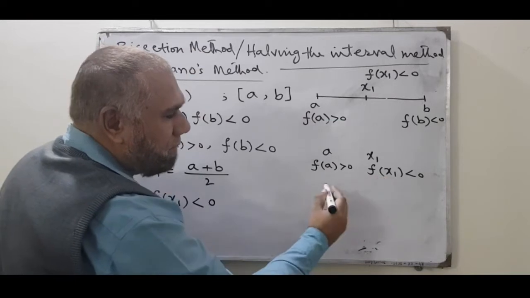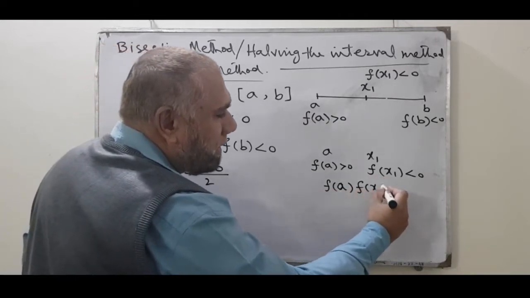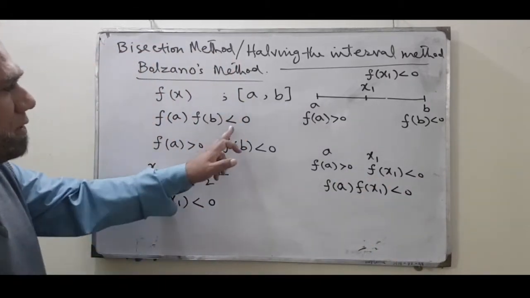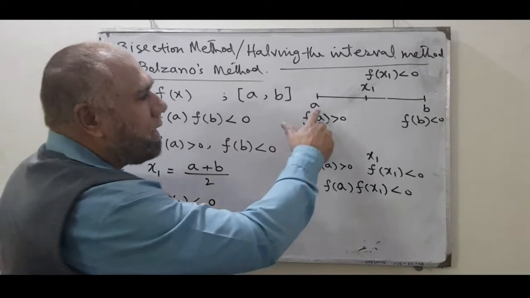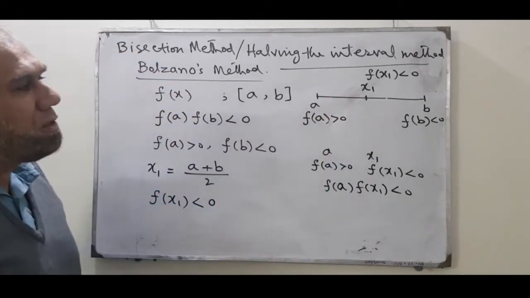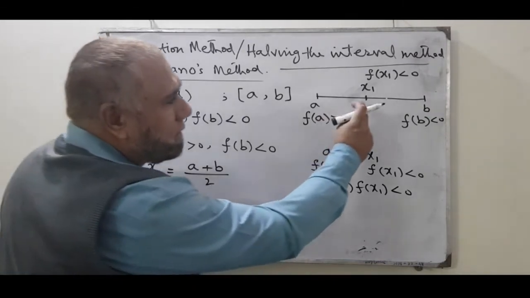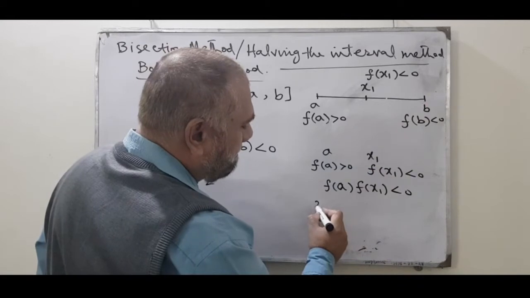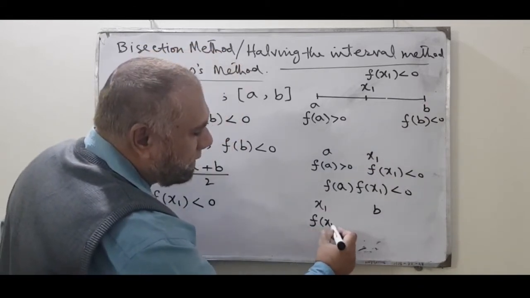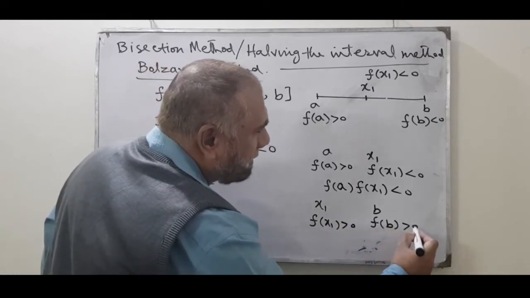Now if I take the product of these two, the result is negative due to having opposite signs. So this condition holds if I take these two endpoints for the next iteration. And if you take this interval from x1 to b, let me show it here.